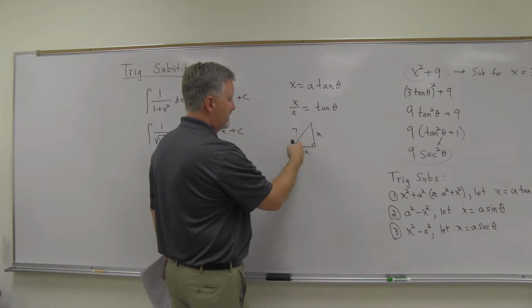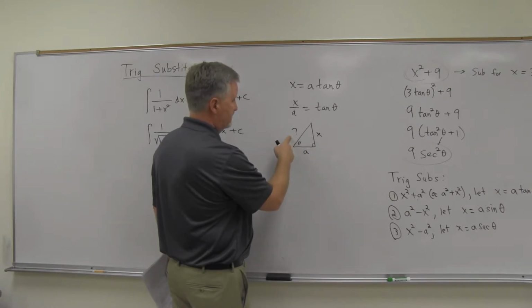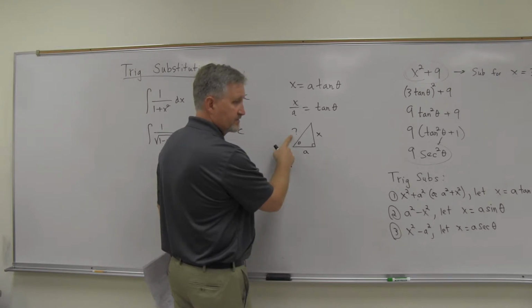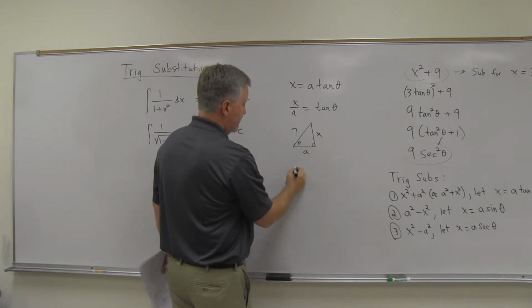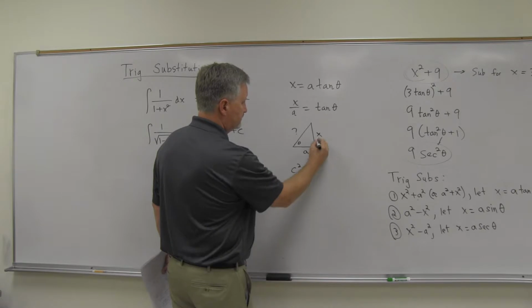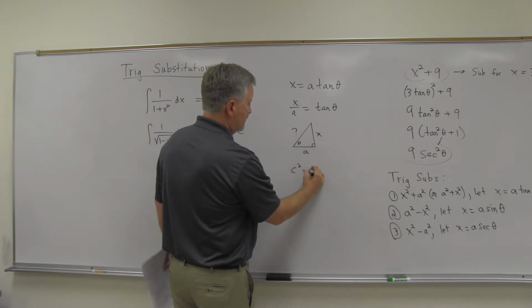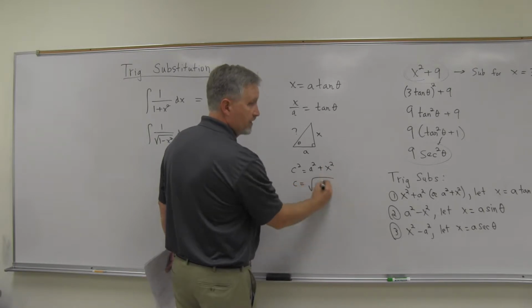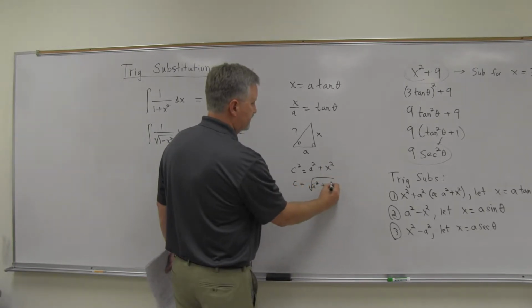So what would this side here have to be? Well, that's c, the hypotenuse, so c squared would equal a squared plus x squared, or x squared plus a squared. So c would be the square root of a squared plus x squared.